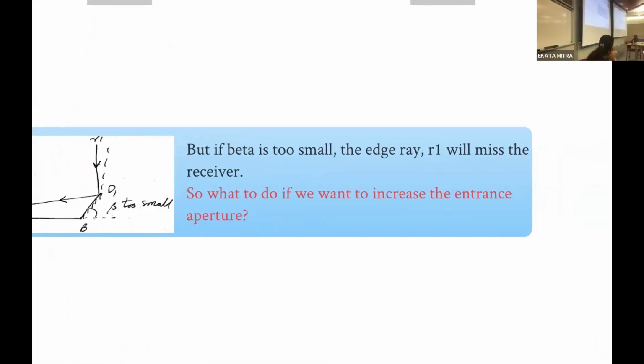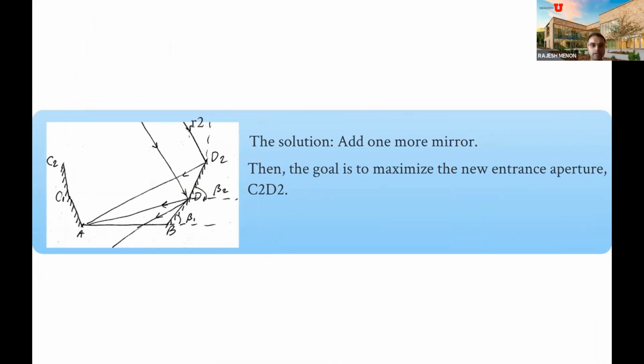What I can do is add more mirrors at a slightly different angle. So I can add another segment of a mirror here, D1, D2, such that the ray with the same angle ends up at the edge point here. So again, let's see what happened here.